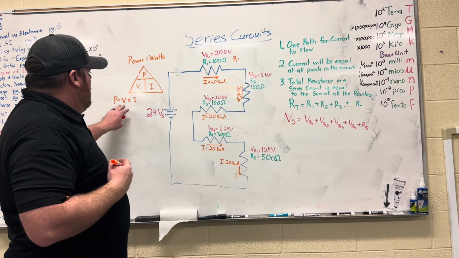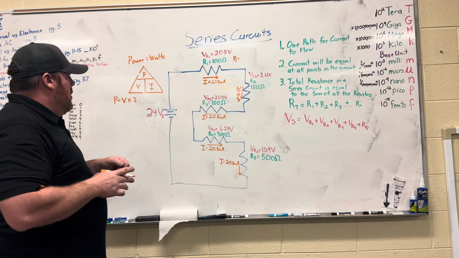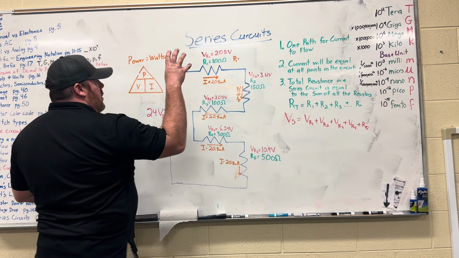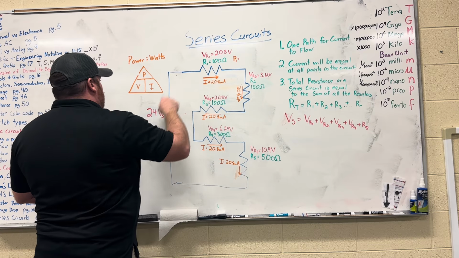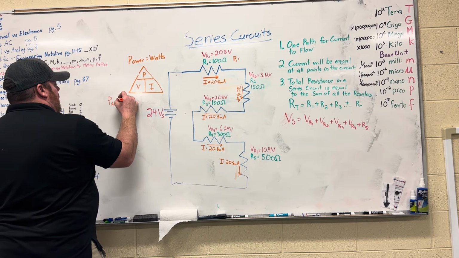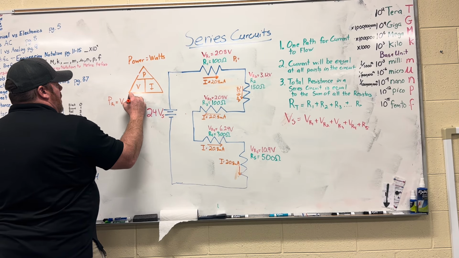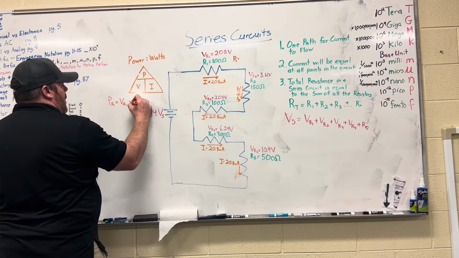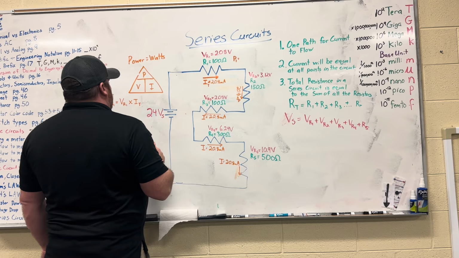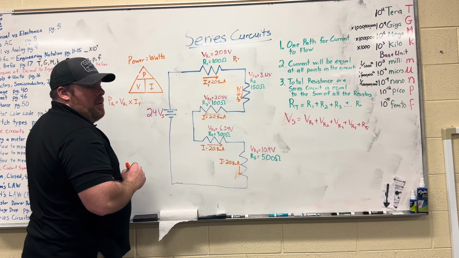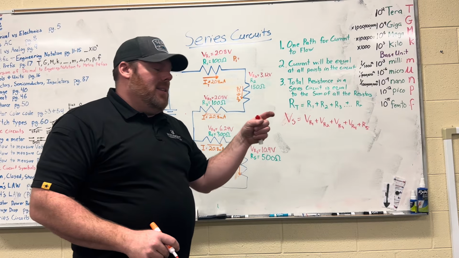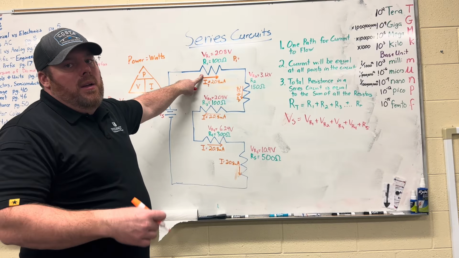Here, voltage is the voltage drop, so I'm going to rewrite this in reference to this individual resistor. The power at R1 is going to be equal to the voltage drop of R1 times the total current. The total current we already knew, and the voltage drop we calculated in the previous video, and now we're going to determine how many watts of power that individual resistor is pulling.